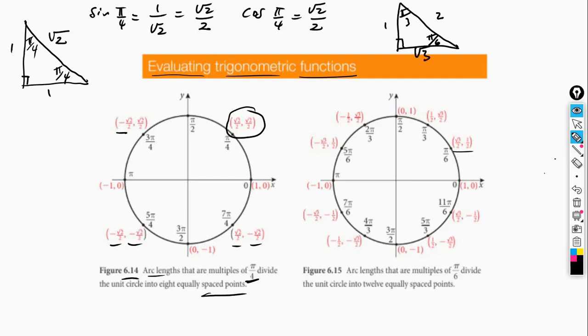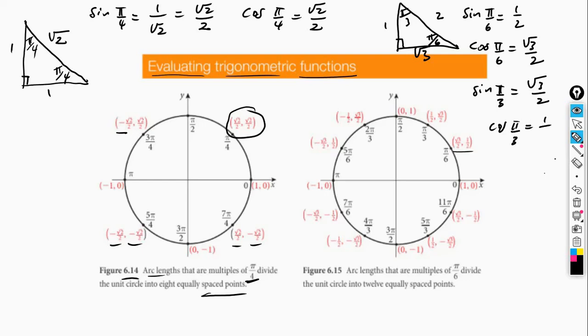So notice that we can say that sine of pi over 6 is equal to 1/2. Cosine of pi over 6 is equal to square root of 3 over 2. Then for pi thirds, we can say that sine of pi thirds is equal to square root of 3 over 2, and cosine of pi thirds is equal to 1/2.